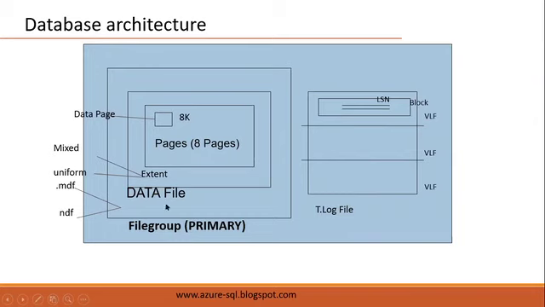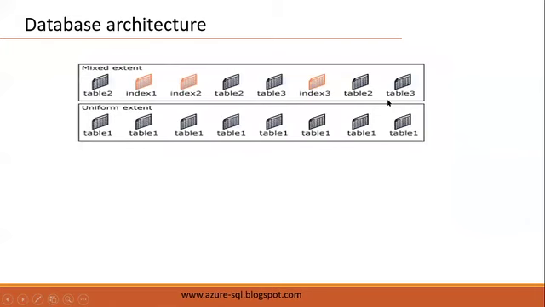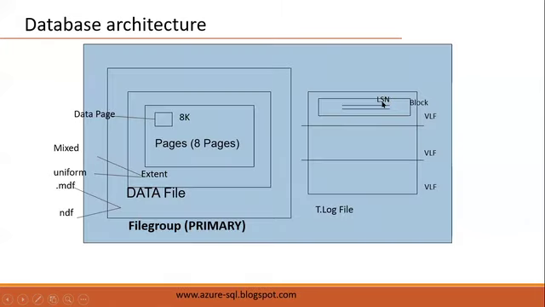A data file consists of extents and pages, whereas a transaction log file consists of VLFs, under that blocks, under that records, each with a unique number called LSN, log sequence number.